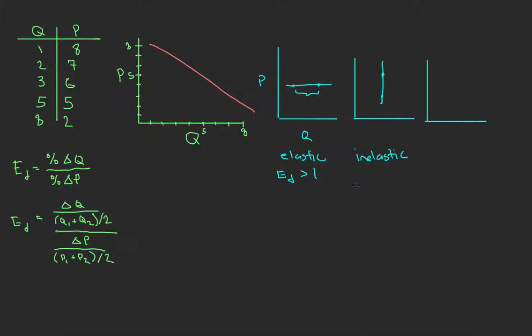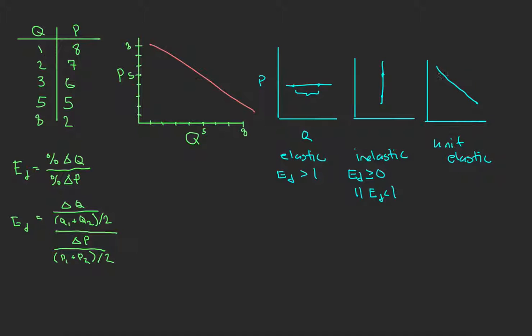And this is where the elasticity of demand is, well, greater or equal to 0, but less than 1. So ED greater or equal to 0, and ED less than 1. And lastly, we have something that we call unit elastic.